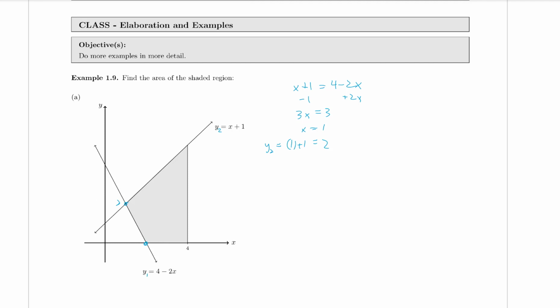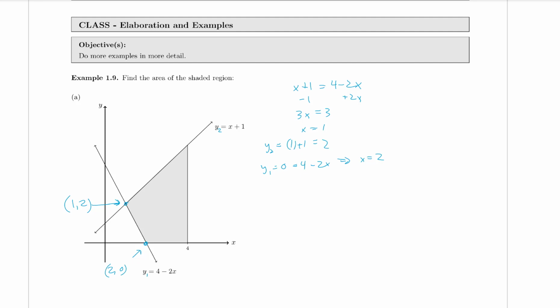So the coordinates of this point right here are (1, 2). To find this intersection, we're just trying to figure out where y1 is equal to 0. And that happens at x equals 2. So this is the point (2, 0).